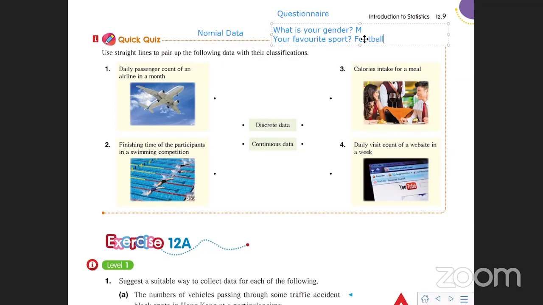The word data is not just referring to numbers. Number is only one kind of data. Data means when you need to study something, you need to get some information, right? And the information you have got for the study or for this statistical survey is actually called data.